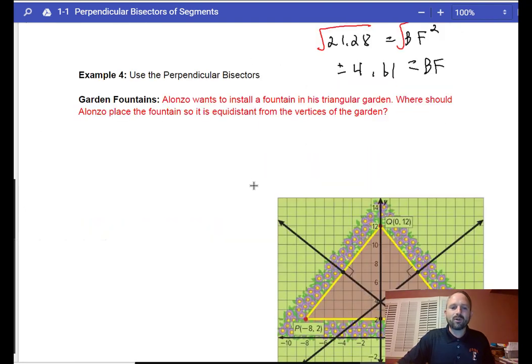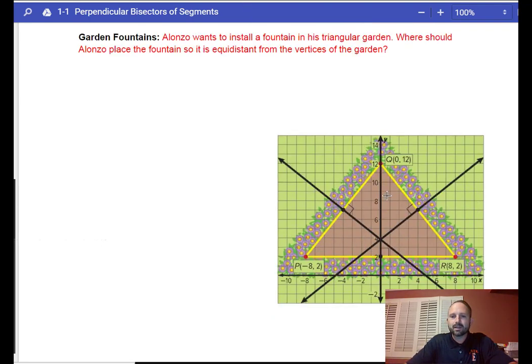Example 4, use perpendicular bisectors. All right, so this one's a little bit easier in the fact they give us most of the problem. Alonzo wants to install a fountain in his triangular garden. Where should Alonzo place the fountain so it is equidistant from the vertices of the garden? Now, understanding the circumcenter, that's where the three lines that are perpendicular to the sides of a triangle meet.